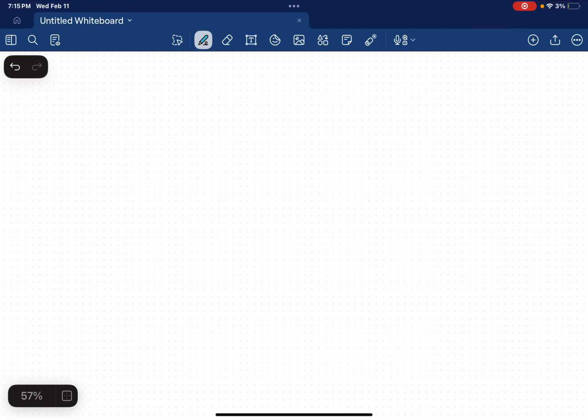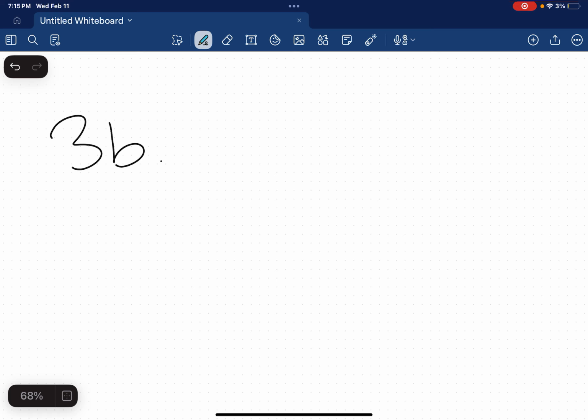Okay, on to 3b. Hence, find the coordinates of the point on the curve where the gradient is -4. Okay, easy. We said that the gradient earlier was 6x plus 2, right? And it's asking us to find the coordinates of the point on the curve where the gradient is -4.